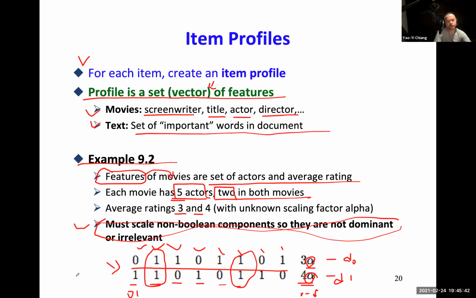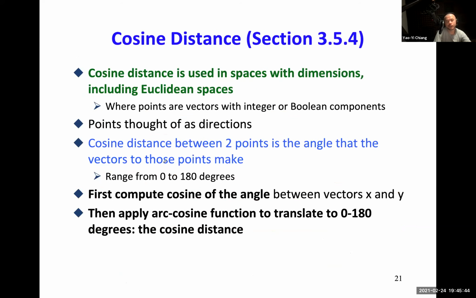So from these vectors, we can start to compare them and to figure out the similarity between 2 items. And one way we can compute their similarity is to use the cosine distance. We covered cosine distance last time, but next time, we're going to talk about how we actually calculate the angles. It's very easy. It's your high school math.